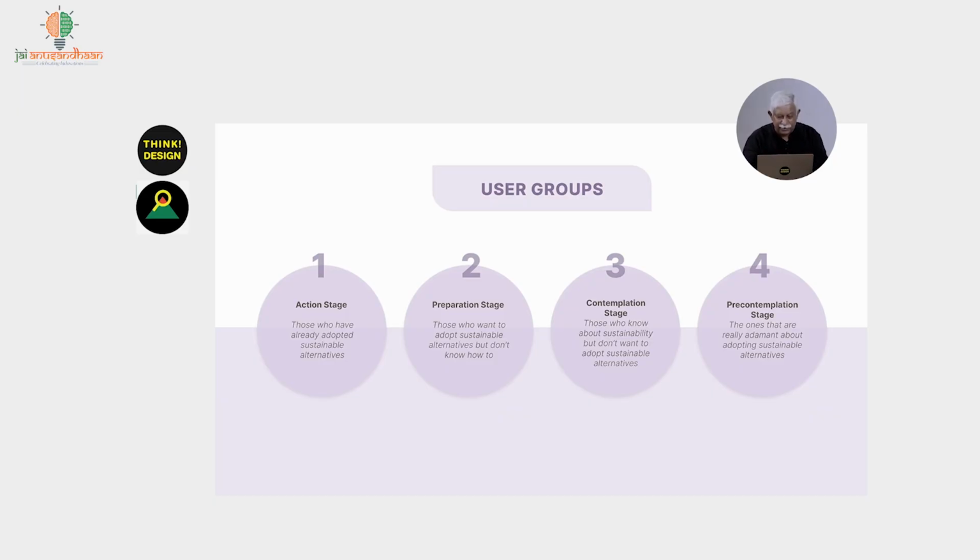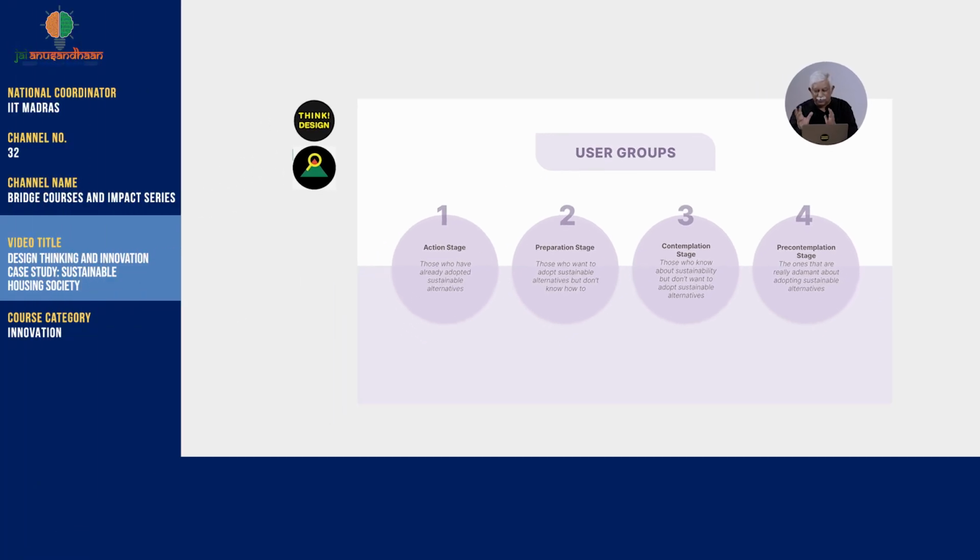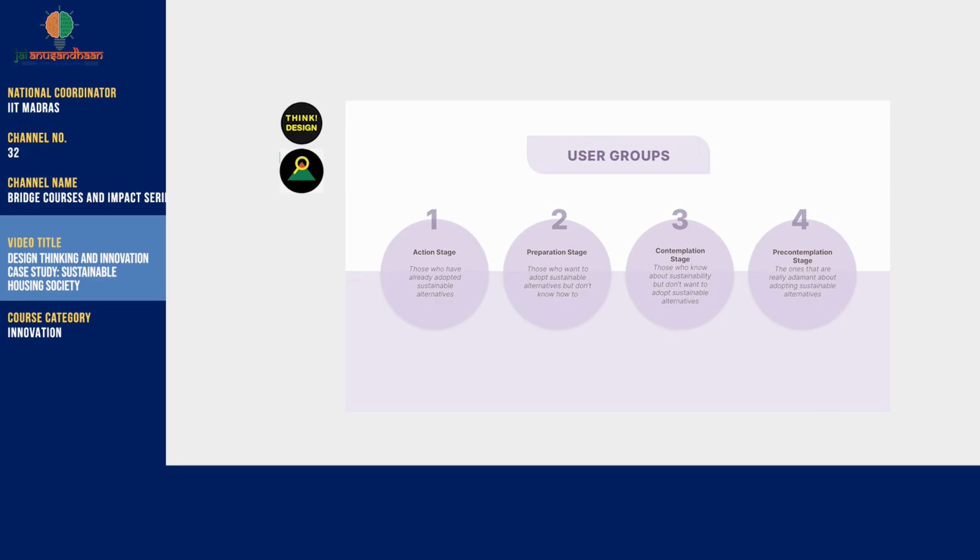The preparation stage, user group 2, those who want to adopt sustainable alternatives, but they probably don't know how to do it. The third one, they know about sustainability, but don't want to adopt right now. And the fourth one are the adamant ones who are very reluctant to adopt sustainability practices. So let's say we have 4 of these user groups.